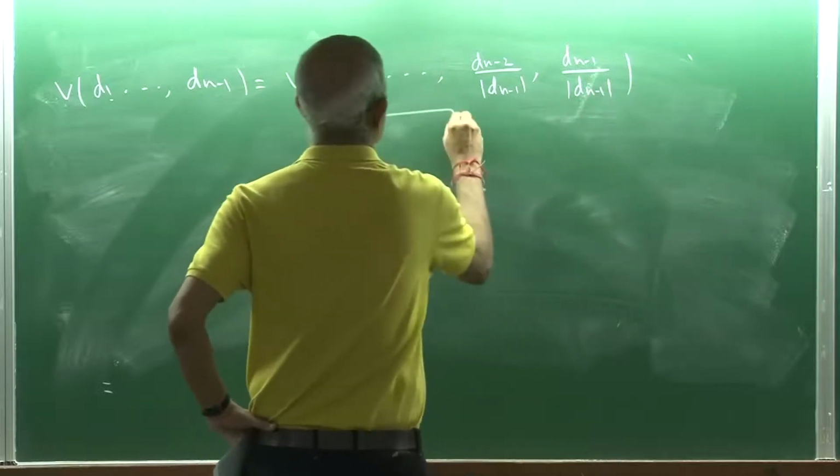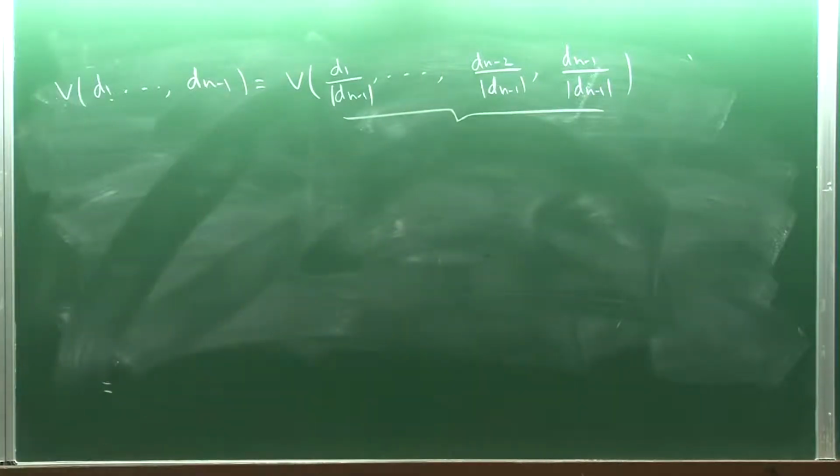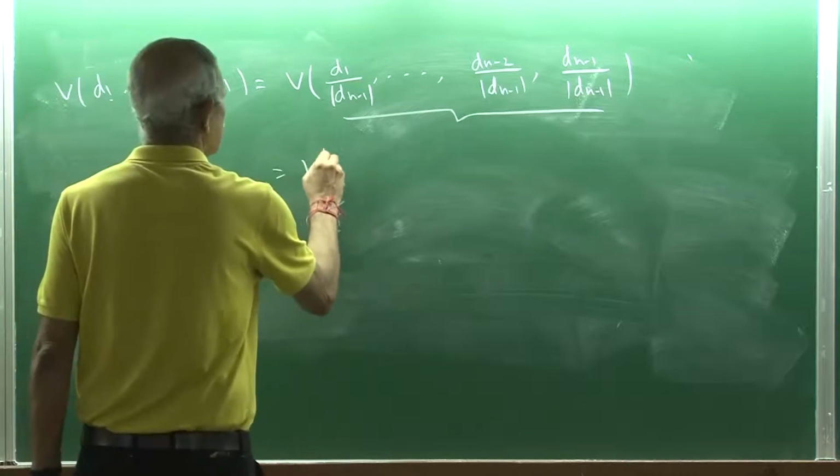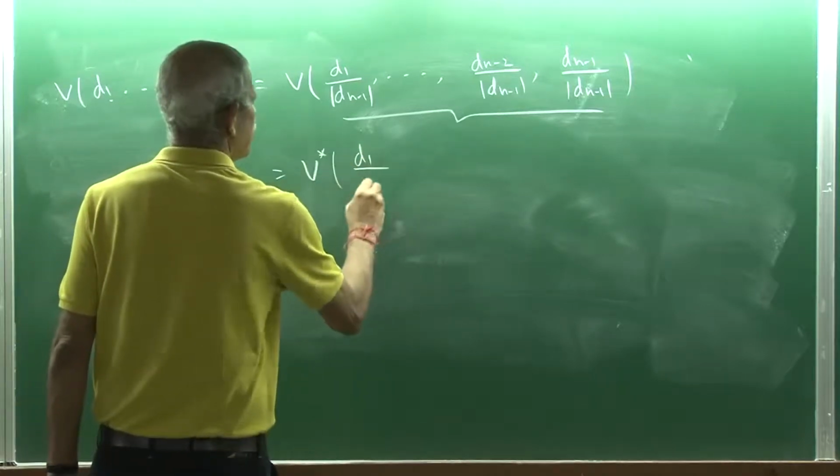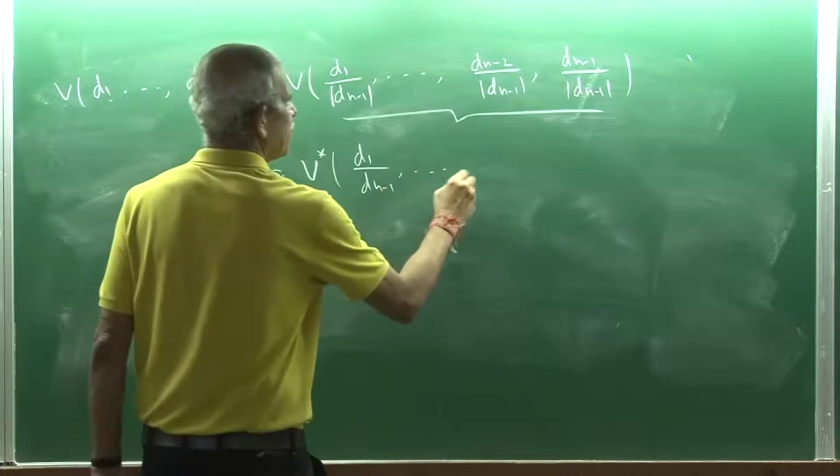And we had seen that this is a one-to-one function of d1, d2, ..., dn-1. So this is some function of d1 upon dn-1.